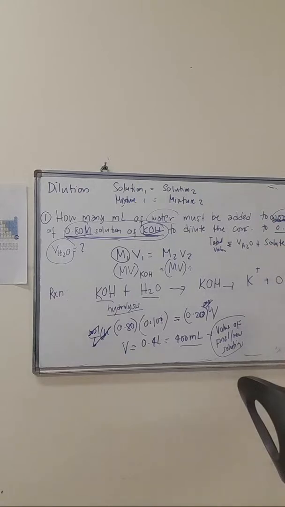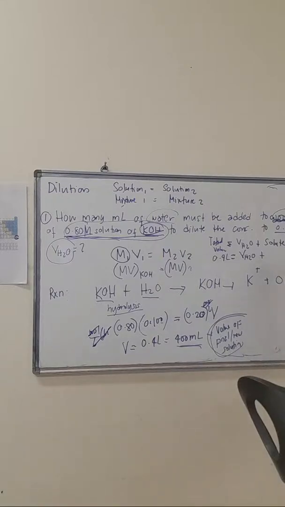This is the total volume, 400 ml, so substitute 0.4 liters. And then you have the volume of water, right? Not yet, because that is what you are going to find. You don't have the volume of the solute here.